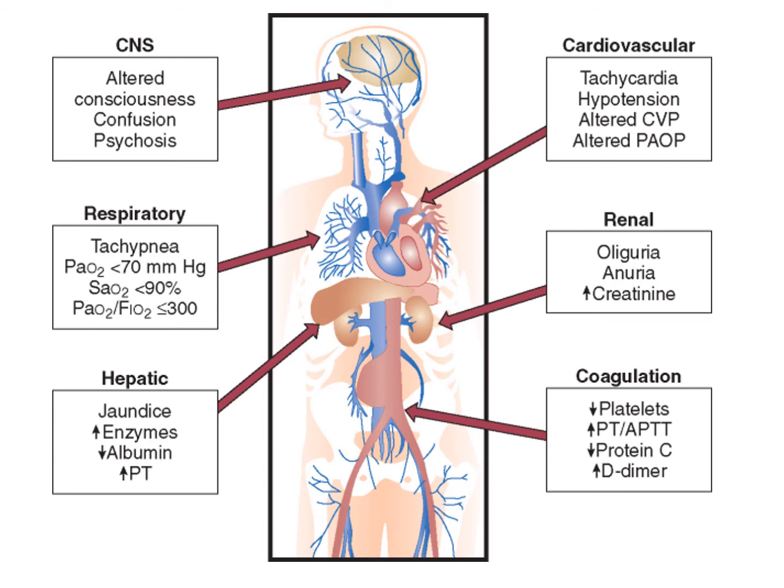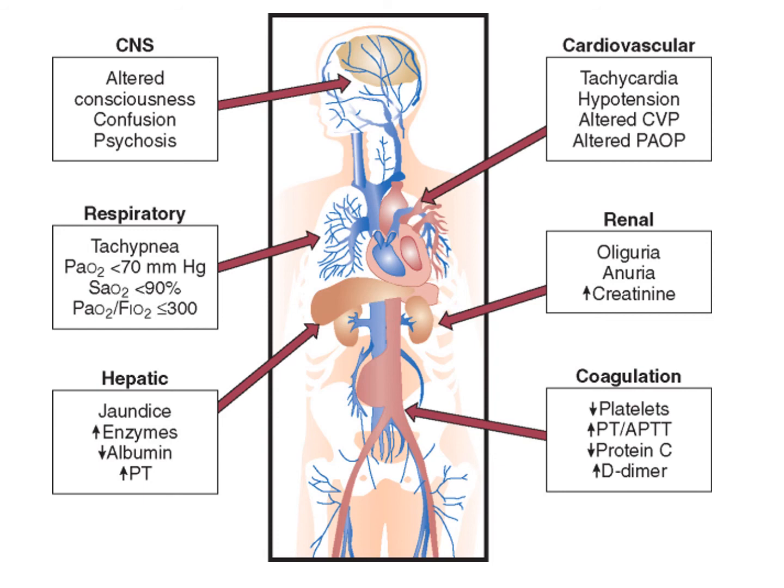Don't worry about the PaO2 to FiO2 ratio, but the hepatic system, we look for jaundice, elevated enzymes, decreased albumin, and elevated clotting times. Cardiovascular system, obviously we see our tachycardia and hypotension related to the decreased cardiac output, but we also see an altered CVP with these patients.